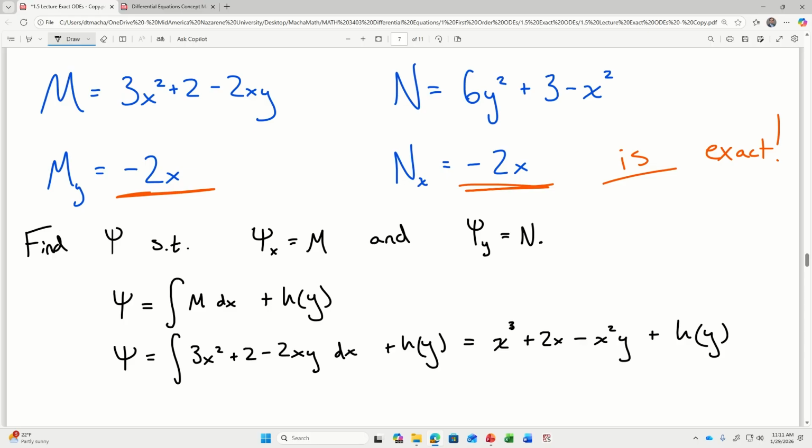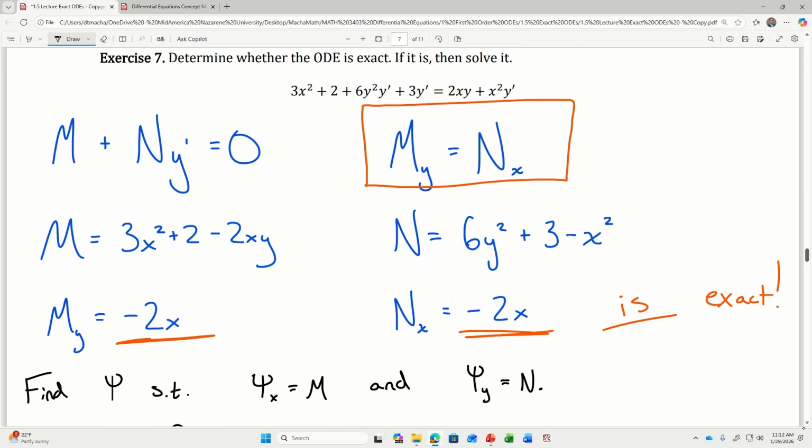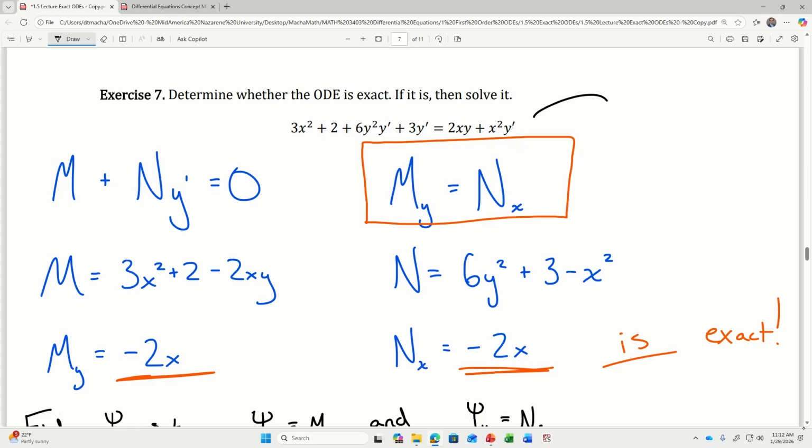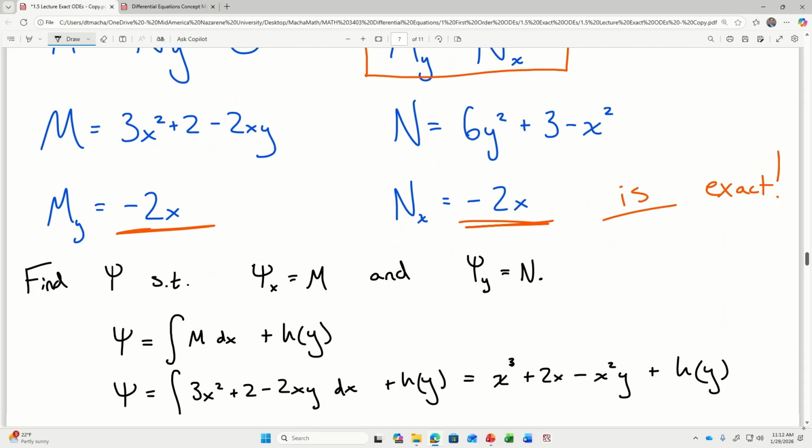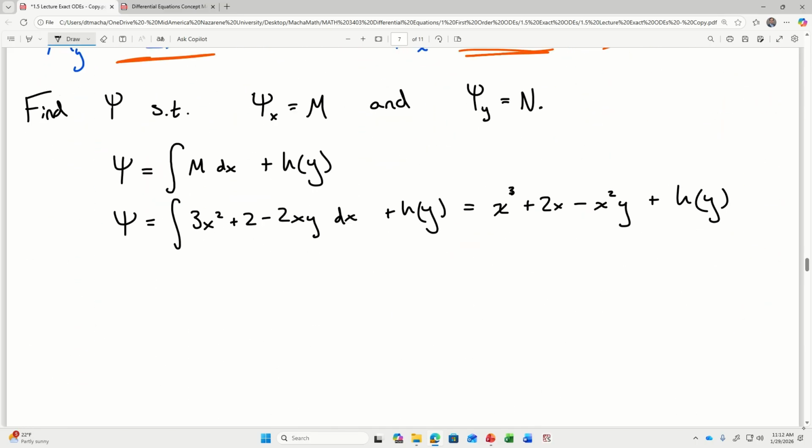And when you're solving an exact equation, you don't have to write plus C when you take an antiderivative. The reason for that being is that whenever I go to write my final answer, the general solution to the ODE is going to be psi equal to a constant. And this is the arbitrary constant that's going to take care of all of my constants of integration. And so for the purpose of solving an exact ODE, it's not important for me to write plus C anywhere.